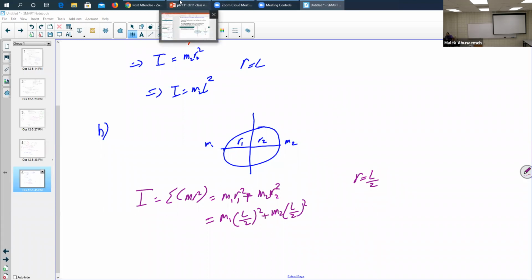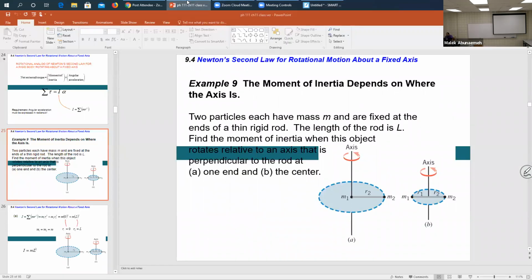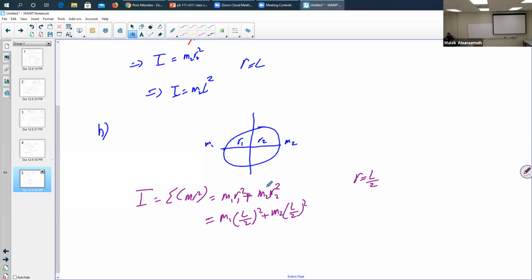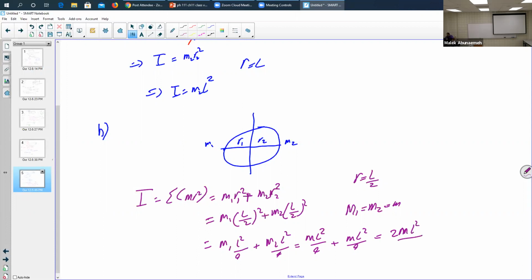Now, both particles have the same mass m. That means m1 is going to equal m2, which we're going to call m. So solving for this, you're going to have m1 L squared over 4 plus m2 L squared over 4, which equals m L squared over 4 plus m L squared over 4, which is 2m L squared over 4.